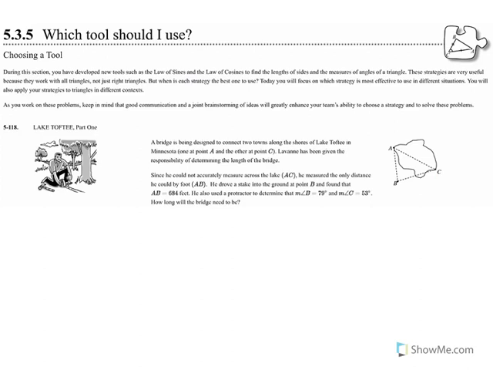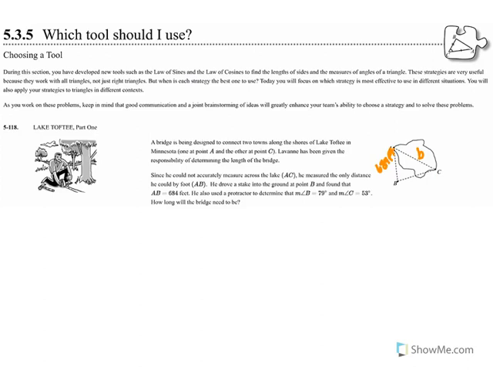Since he cannot accurately measure across the lake, AC, that's what he wants to find, I'm just going to label that with an A. Actually, I'm going to label it with a B because it's across from side B, because that's what we want to know. He drove a stake into the ground at point B and found that AB is 684 feet.